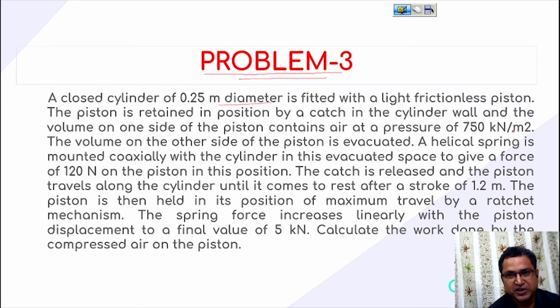It is per meter square, so it will be something like this. The volume on the other side of the piston is evacuated. A helical spring is mounted coaxially with the cylinder in the evacuated space to give a force of 120 Newton on the piston in this position.